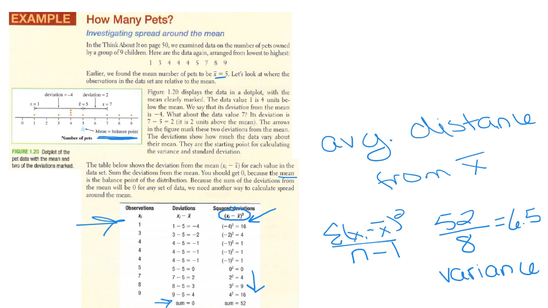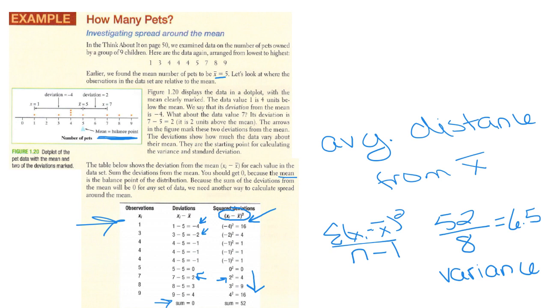But you need to remember, we squared all these. So if we put these in units, these deviations are in units. I'm 4 pets less than the mean right here. I'm 2 pets less than the mean. I'm 2 pets more than the mean. So if I squared all of those, now I'm 4 square pets bigger than the mean, and that doesn't work.